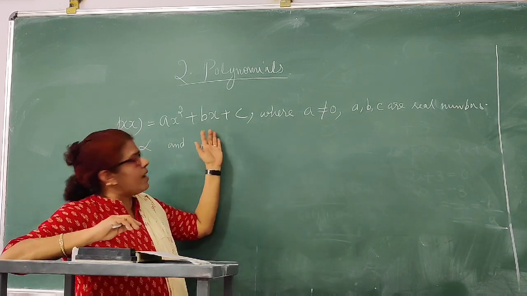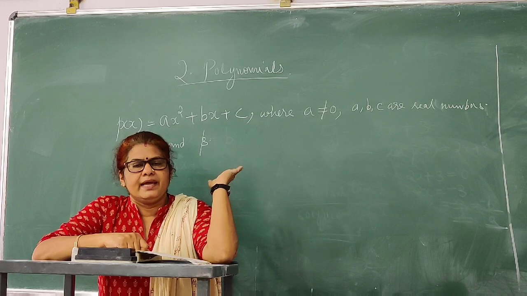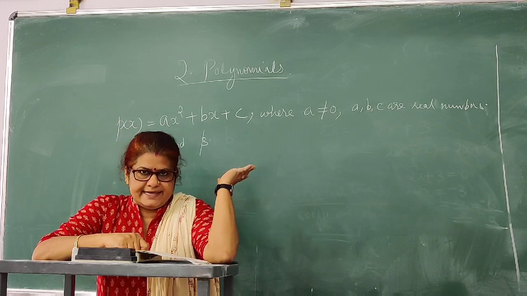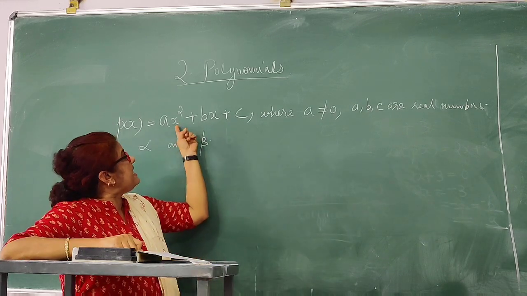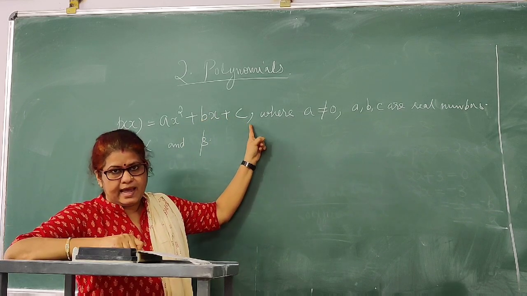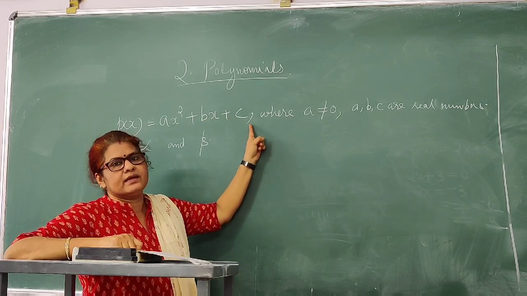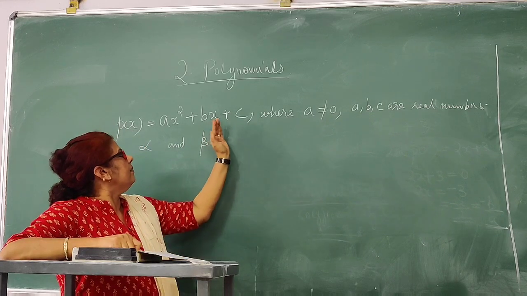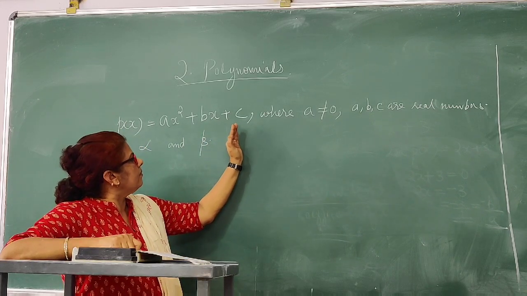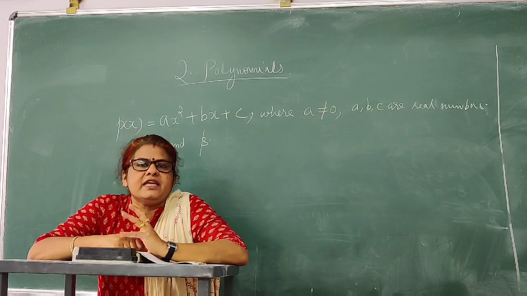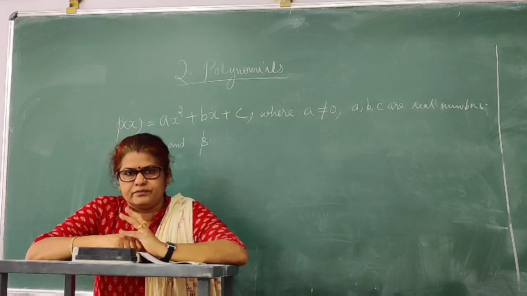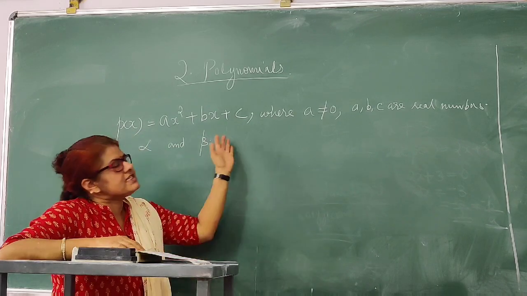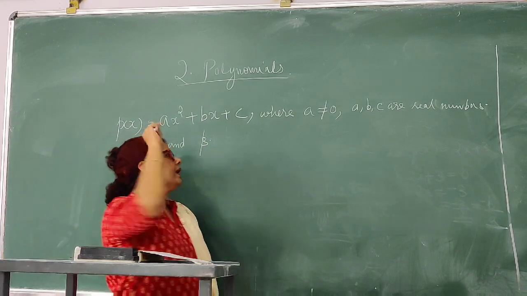Since it is a quadratic polynomial, we can use any of the first 4 identities to factorize, or the middle term method for factorizing these quadratic polynomials.